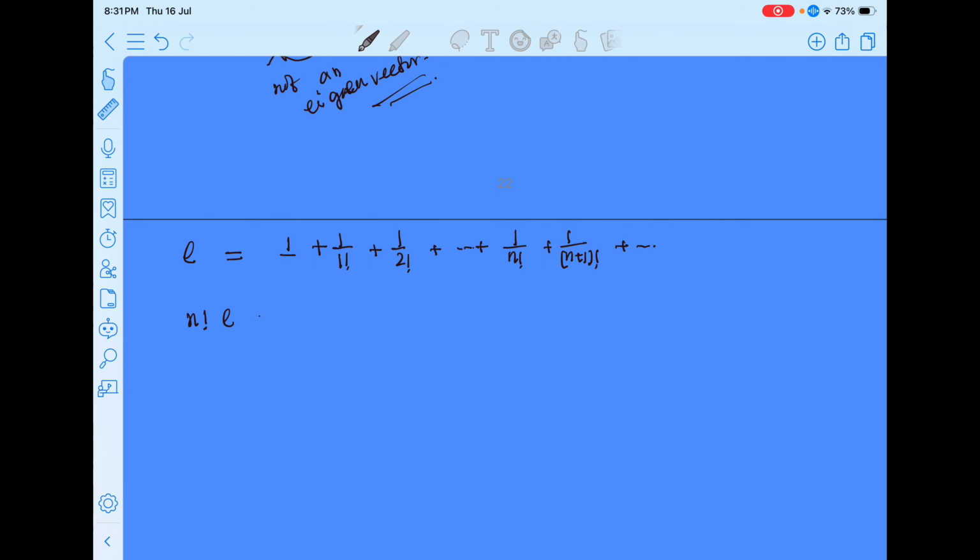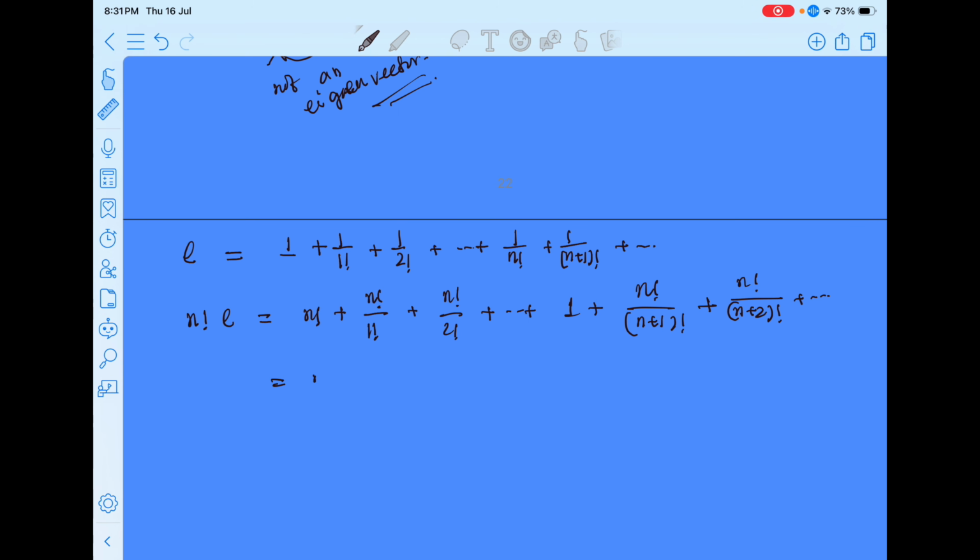Then n factorial times E is n factorial plus n factorial by 1 factorial plus n factorial by 2 factorial, dot dot dot, 1 plus n factorial by n plus 1 factorial plus n factorial by n plus 2 factorial and so on.